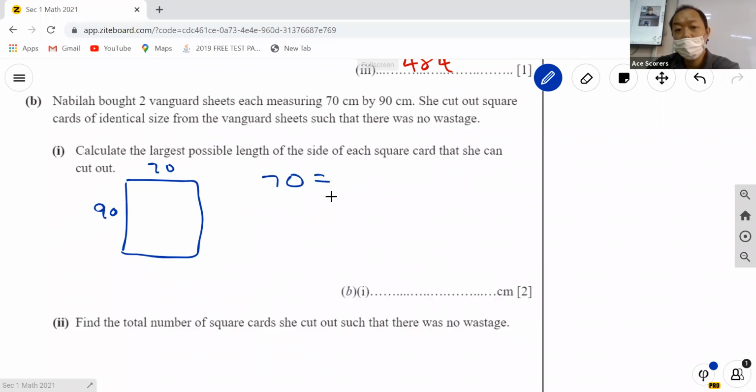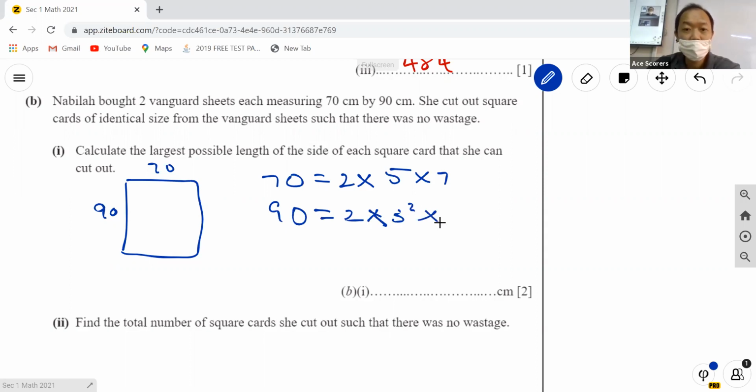What is 70 equal to? 2 times 5 times 7. Then what is 90 equal to? 2 times 3 square times 5.